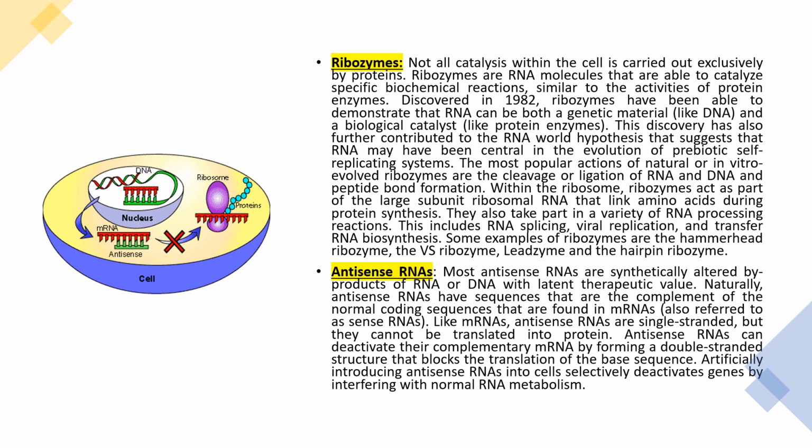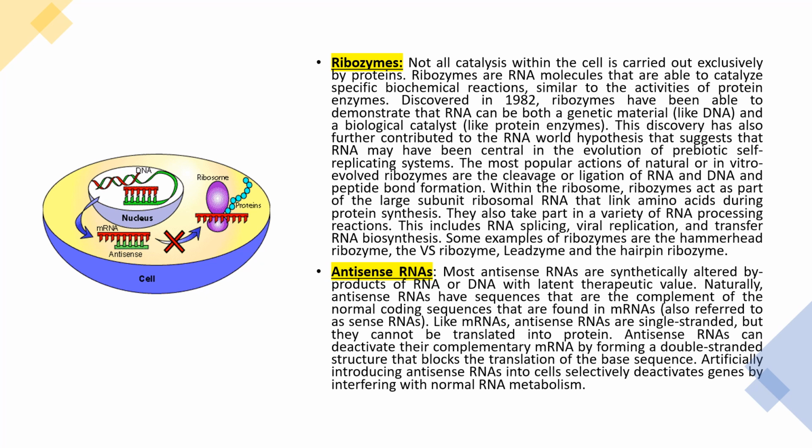Antisense RNAs. Most antisense RNAs are synthetically altered RNA or DNA products with potential therapeutic value. Naturally, antisense RNAs have sequences that are the complement of the normal coding sequences found in mRNAs, also referred to as sense RNAs.